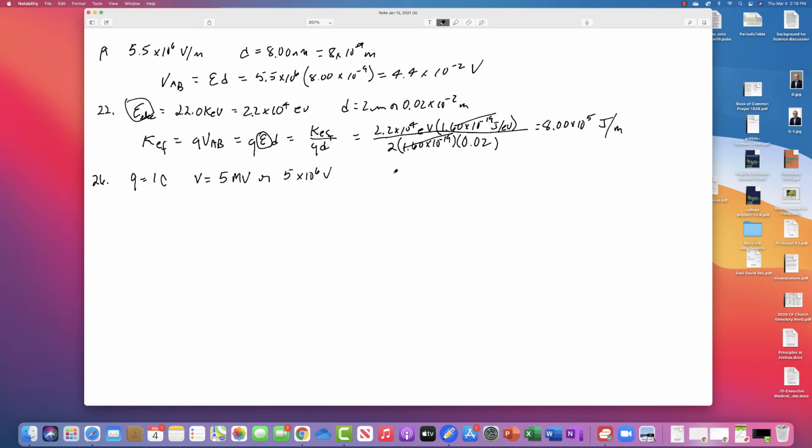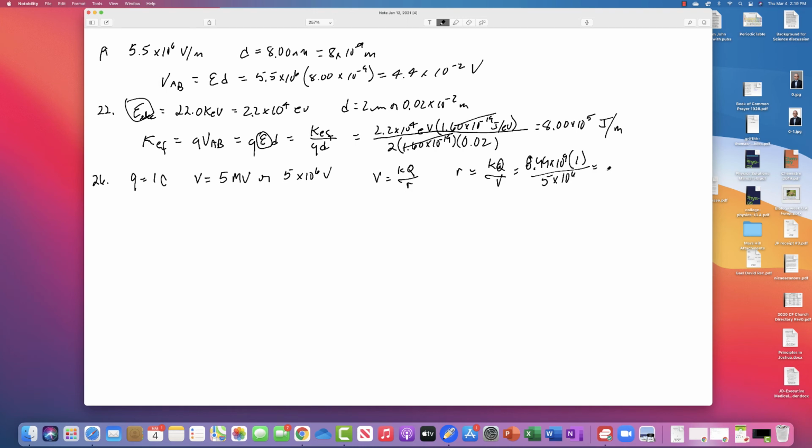And so V is equal to KQ over R. So we're solving this for R now, so that's going to equal KQ over V. And so this is 8.99 times 10 to the 9th times Q, which is 1 coulomb, divided by 5 times 10 to the 6th.